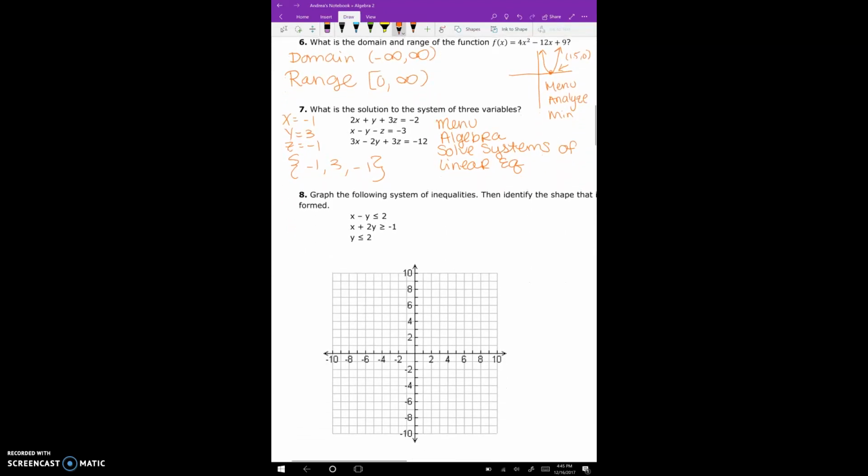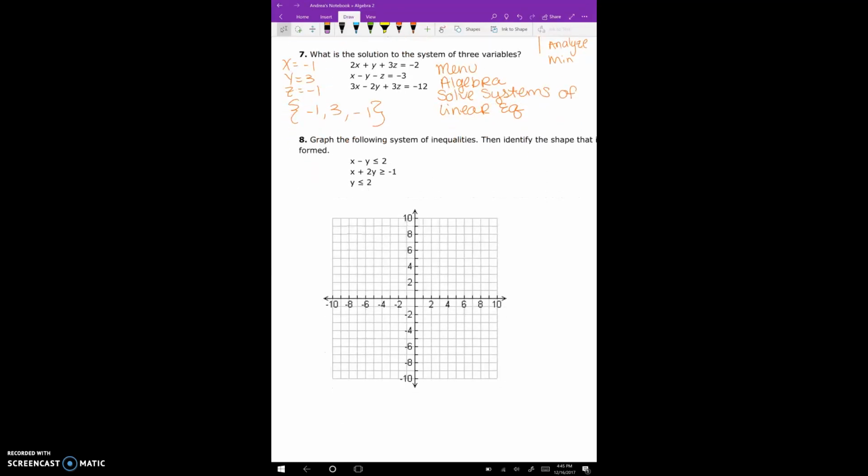For this one, graph the following system of inequalities. To graph this, you can graph it in your calculator, and then you'll see how everything is shaded. Otherwise, I'm going to have to solve it by hand, get y alone on one side of the equal sign. So let's see. First, let's solve this one for y. x minus y is less than or equal to 2.